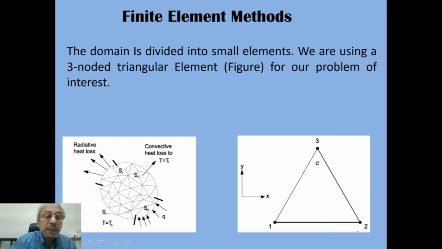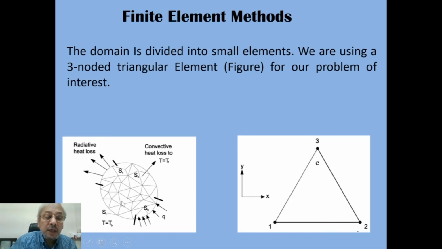Global nomenclature means that if we start defining 1, 2, 3, 4 this way, maybe this point globally is 10, the way the data structure is arranged, but locally maybe it is element number 8 and node number 1.